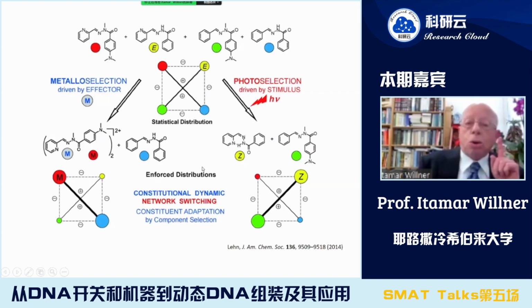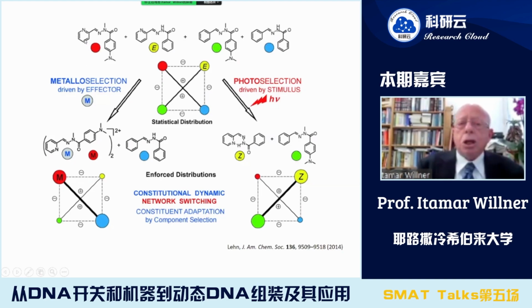example is based on chemical constituents, and it is an example that was introduced several years ago by Jean-Marie Lehn. It includes 4 constituents that are displayed here in red, yellow, green, and blue.